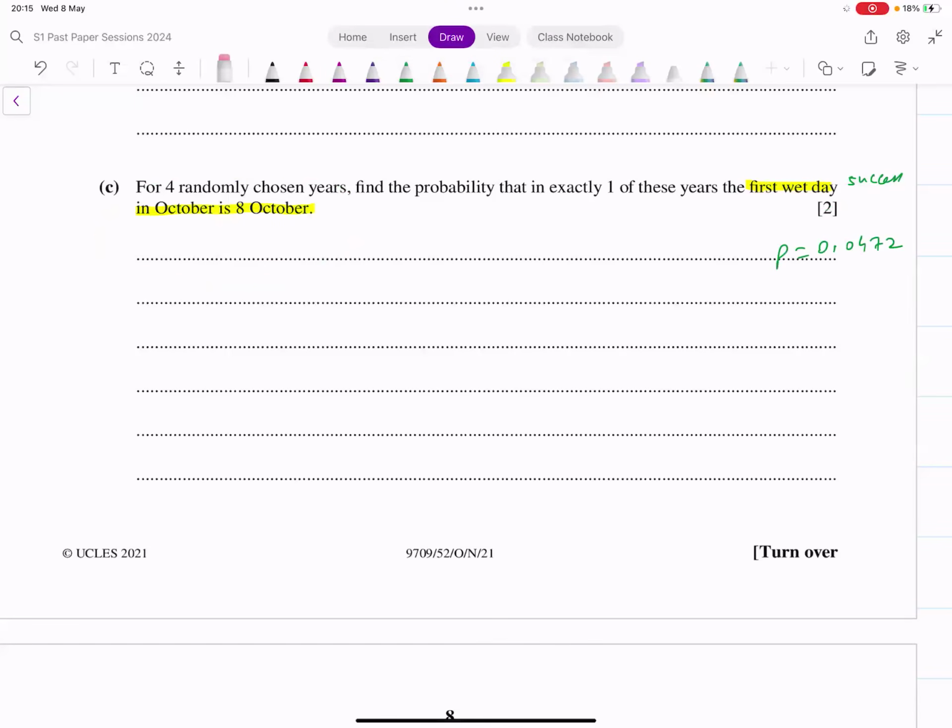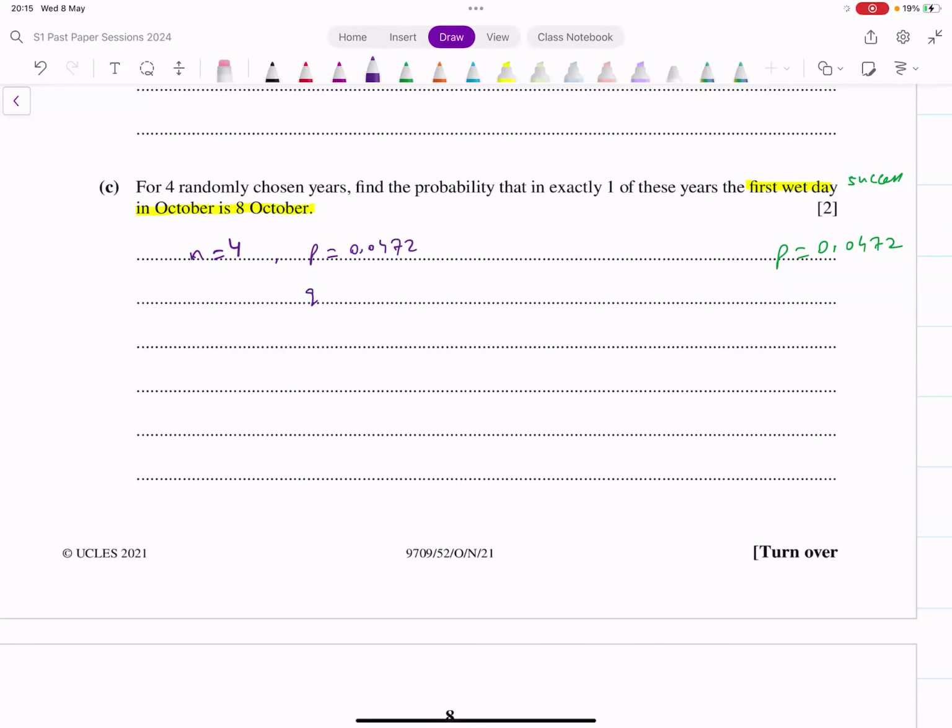We are choosing 4 years. n is 4. Out of those 4 years, what's the probability that you get exactly one success? There's exactly 1 year out of those 4 years where the first wet day in October is 8th October. So what's the probability that you have exactly one success out of 4? Probability of success is 0.0472.